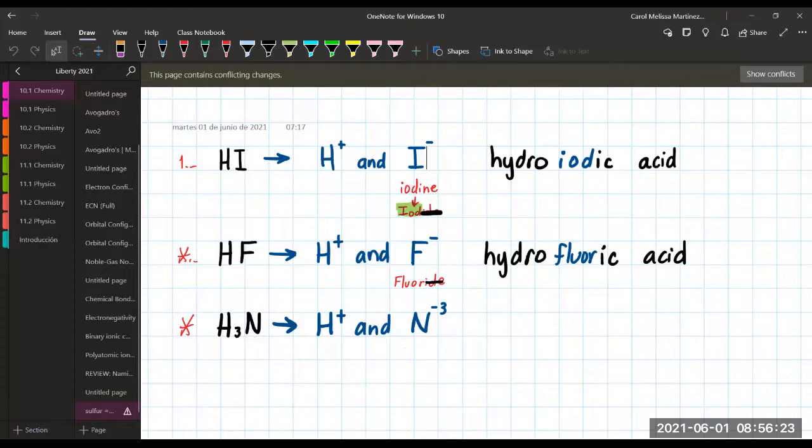Nitrate is NO3. You need to be careful on that. Nitride. So how is going to be the name? Hydronitric acid. Hydronitric. That is correct. Remember, the root is nitr, nitric.